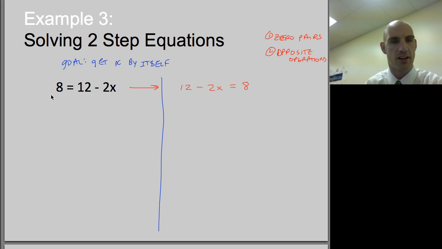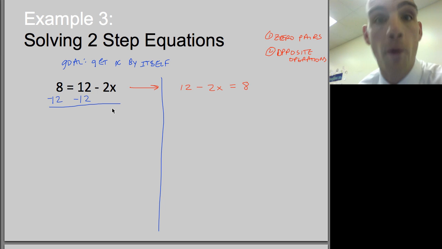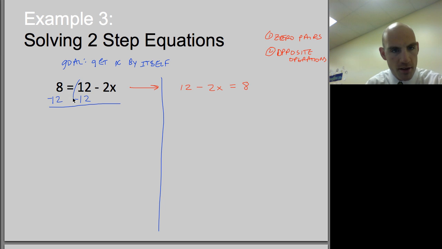What is being done to x? Well, I am saying 12 minus 2x. Well, I need to do zero pairs first. So what zero pairs up with 12? Well, we're going to have to subtract 12 because remember, this is a positive 12, and I must do the same thing to both sides, always. Big fat 0 here for a zero pair.